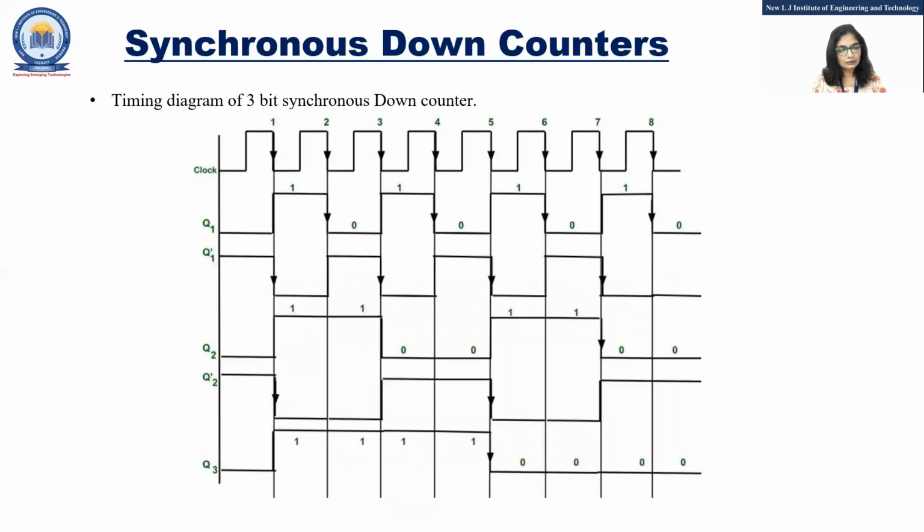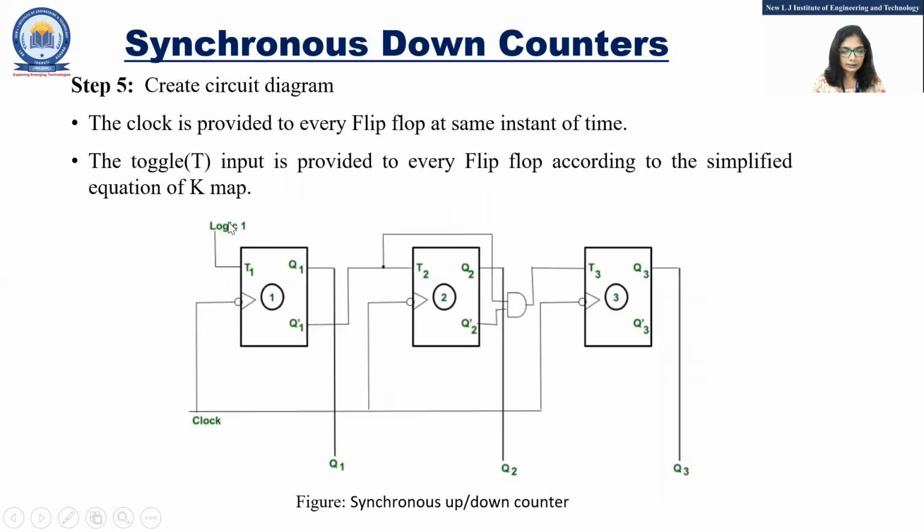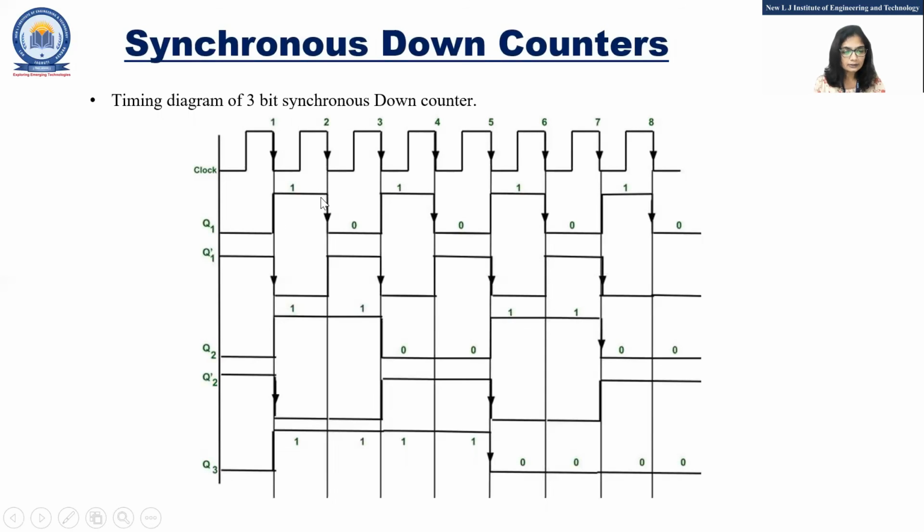Okay. Now this is what the timing diagram. You can see here, we are collecting output from Q1, Q2 and Q3. As we are applying a negative edge clock pulse, whenever the clock moves from 1 to 0, at this edge Q1 will change its state, Q2 will change its state, and Q3 will change its state.